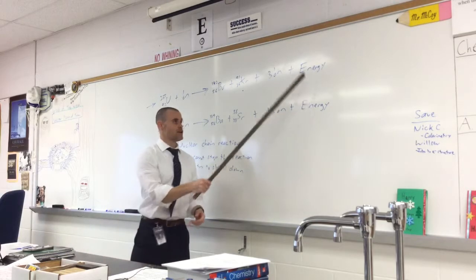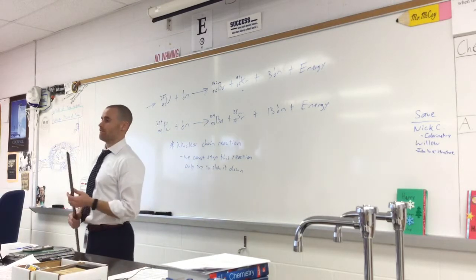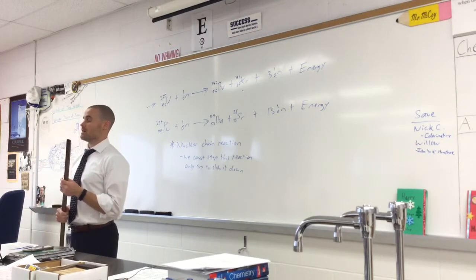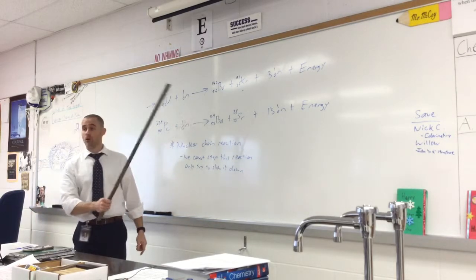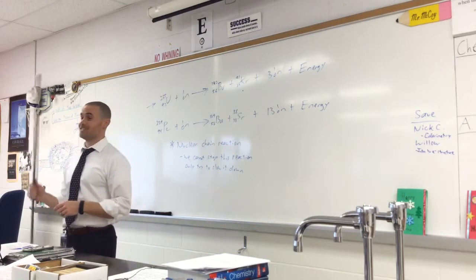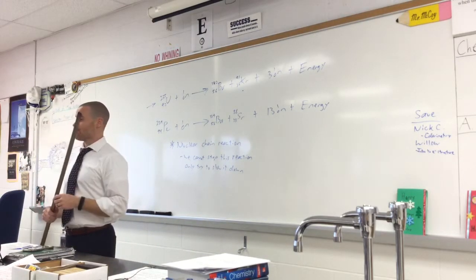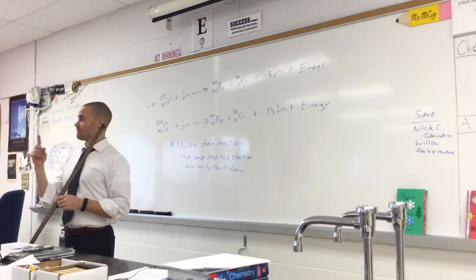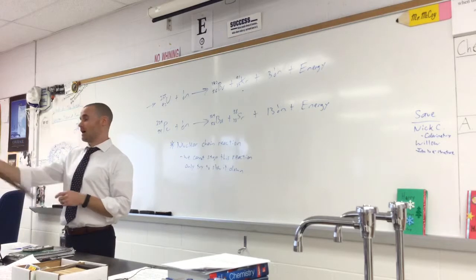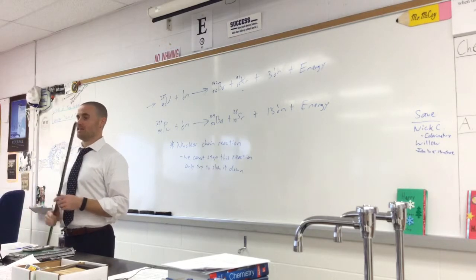So the energy here is used to boil water. Sounds silly. The power plants just boil water. Nuclear power plants use this nuclear reaction to boil water. Water produces steam. Good job. And what does the steam do? Well, you can do many things with steam. It spins a turbine.